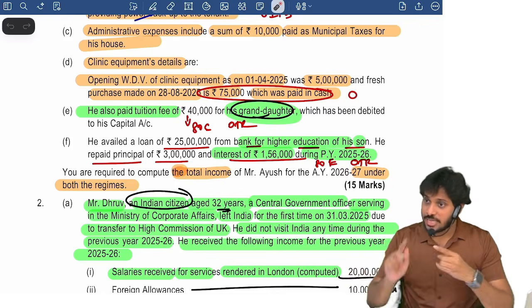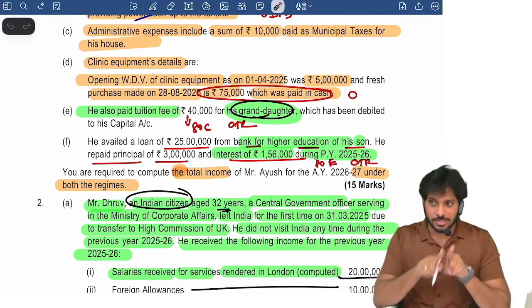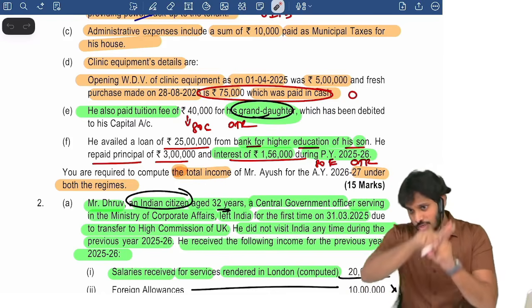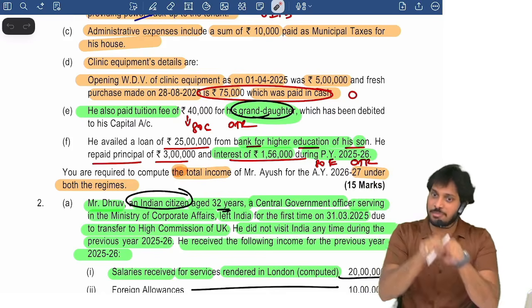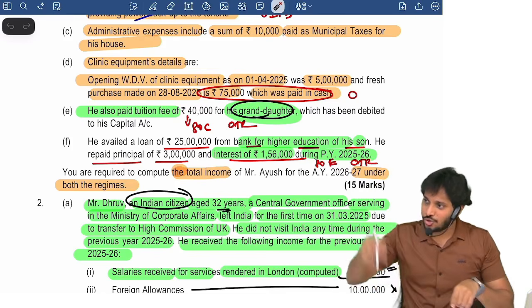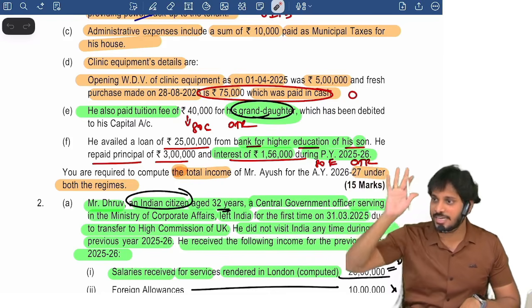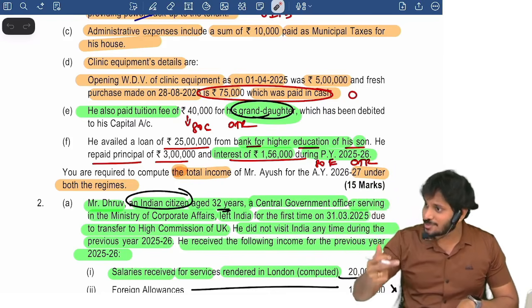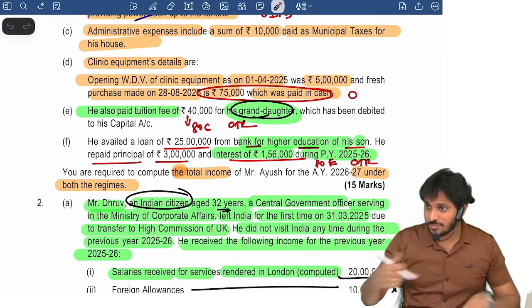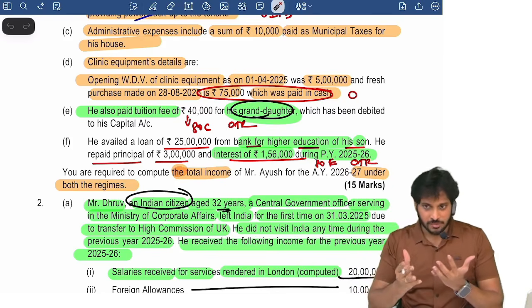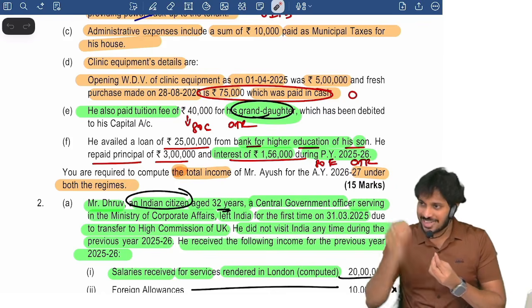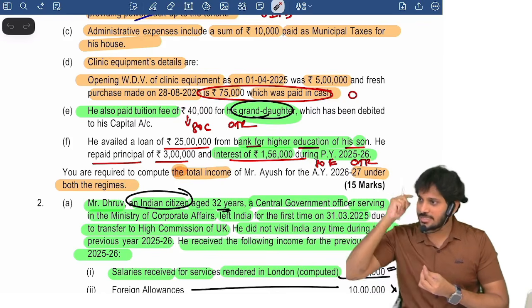I developed that speed only because I learned the provisions, solved plenty of questions already, and developed my material based on that. The way I remember the provisions will be much deeper than a student who is only reading and revising, because I'm also explaining. When you read, study and absorb, that requires a very low level of intensity.